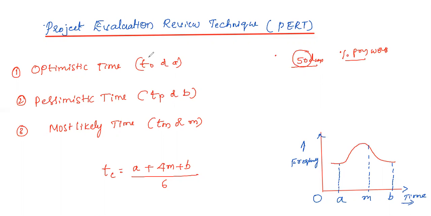And here, as we know, it is a network analysis technique, right? In the case of CPM, the critical path method, what we discussed is that for a particular activity, for example activity A, the duration required is given, for example 3 days.